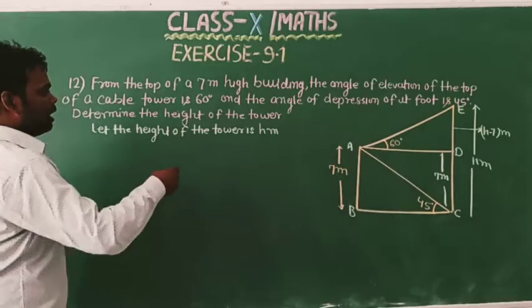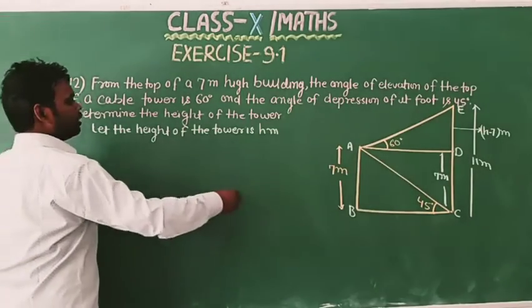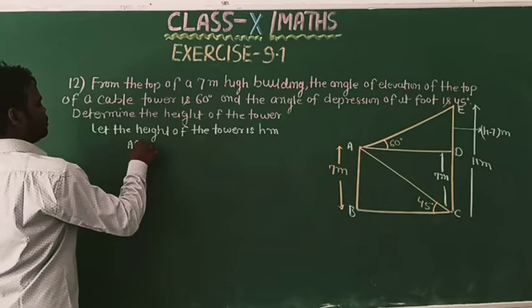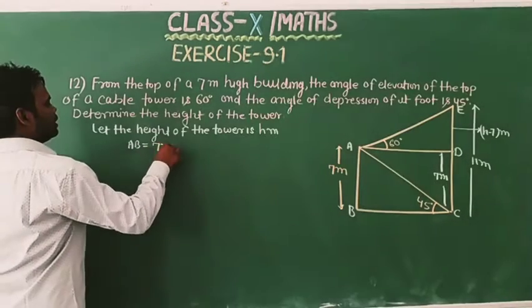Also given the height of the building AB is equal to 7 meter.